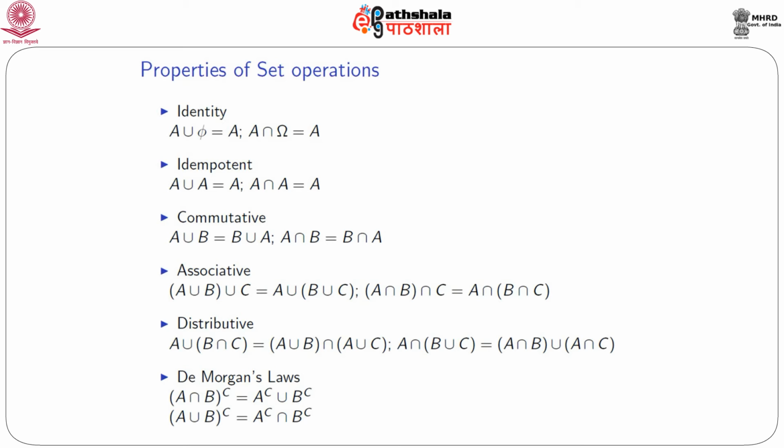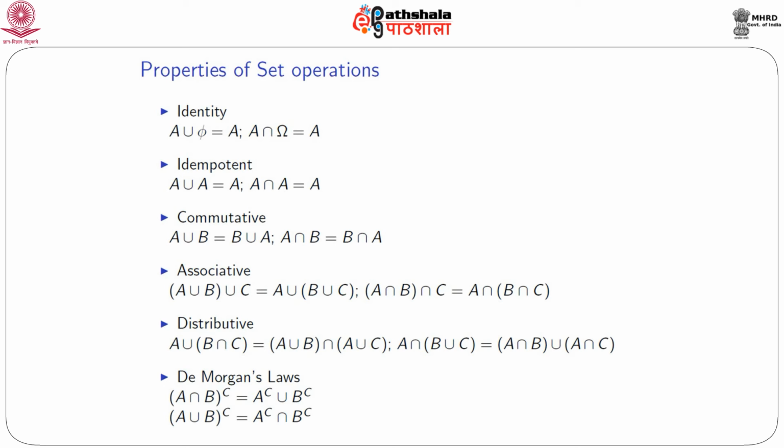The next important law that will be used in subsequent lectures is called De Morgan's law. It says that if you have two sets A and B, then (A intersection B) complement is same as A complement union B complement, and (A union B) whole complement is A complement intersection B complement.